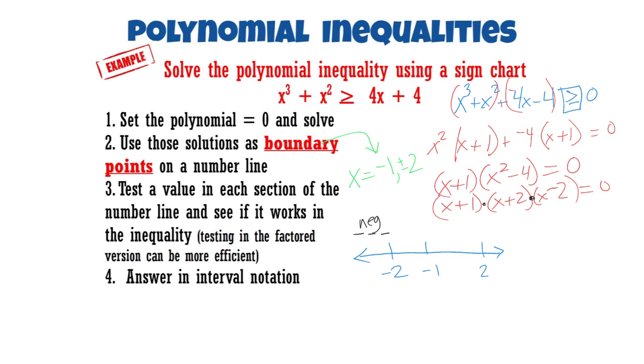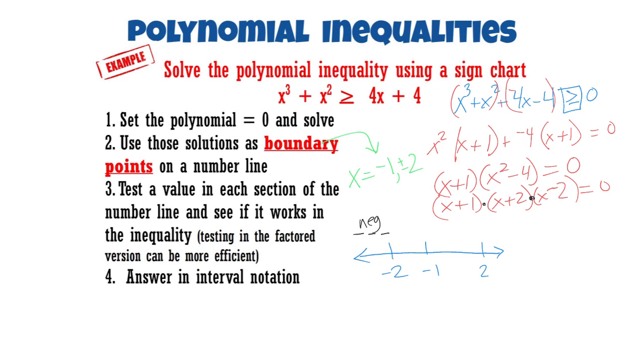All right, so now we're going to do that in every section. So now I have to pick a number that falls between negative 2 and negative 1. I'm going to go with a negative 1.5. It seems like that's going to be tricky, but it's not because I'm not really evaluating anything. I just have to decide if it's positive or negative. If I put a negative 1.5 right here, that's going to end up negative.